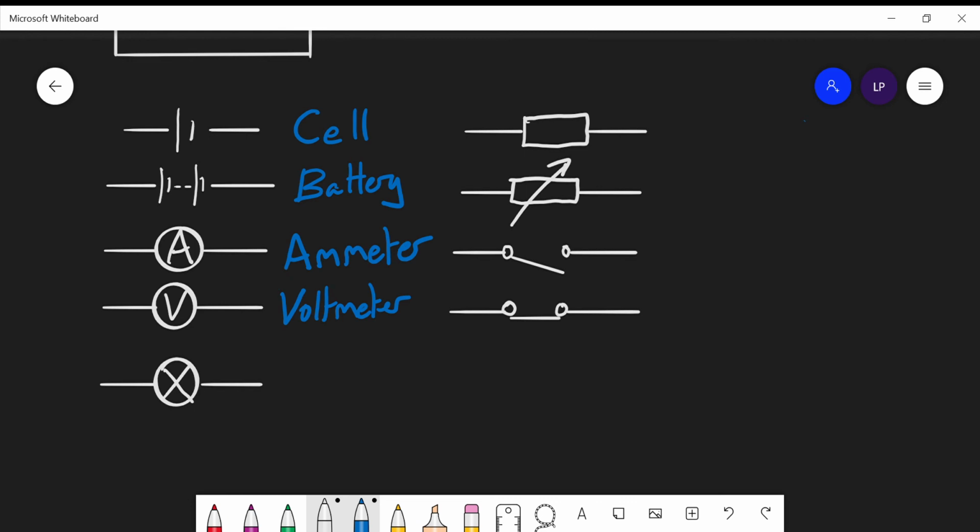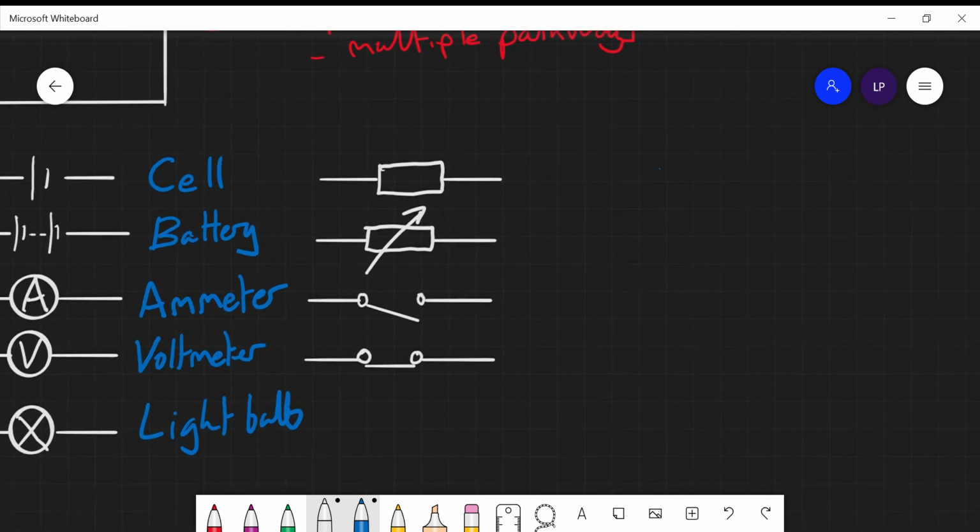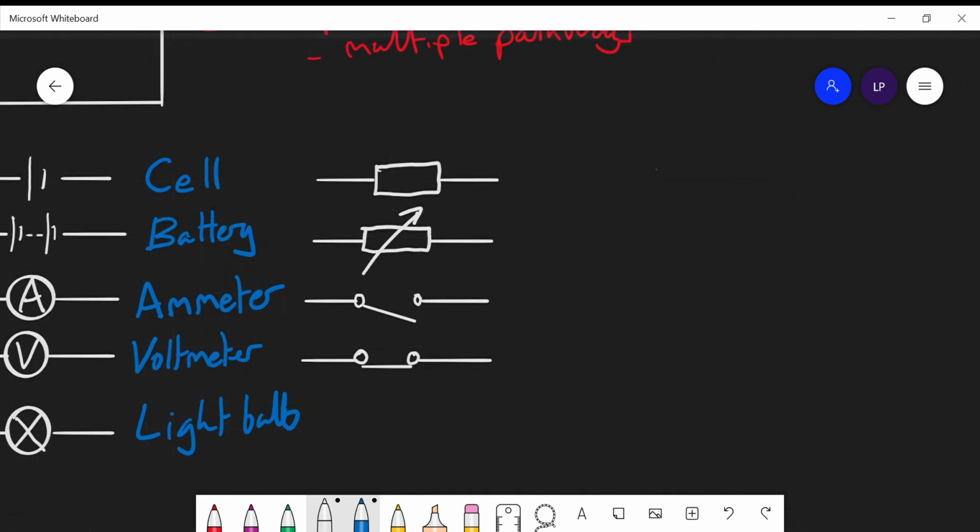As we said before, an X in a circle is a light bulb. Very common and useful component to display if your circuit's working or not. And then a rectangle. This is a resistor.